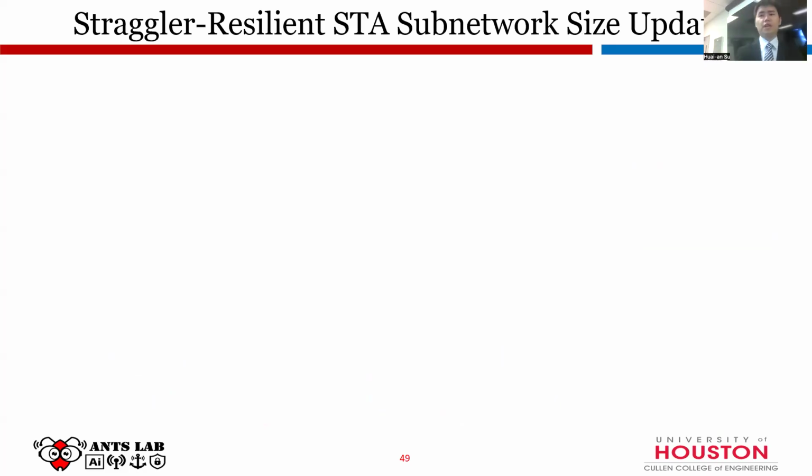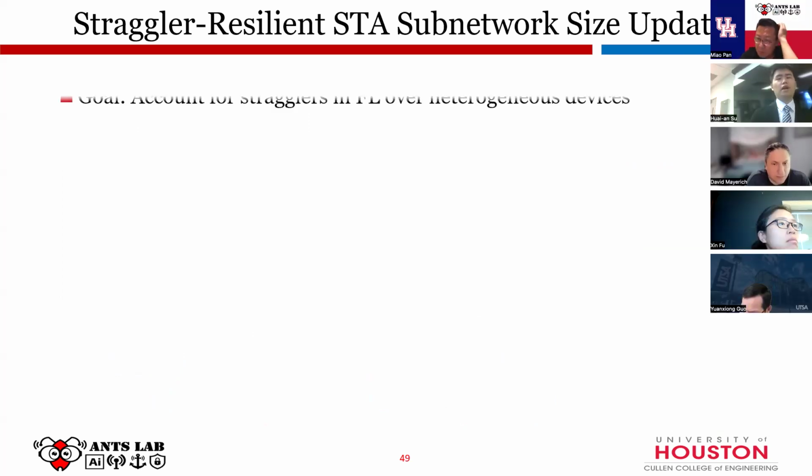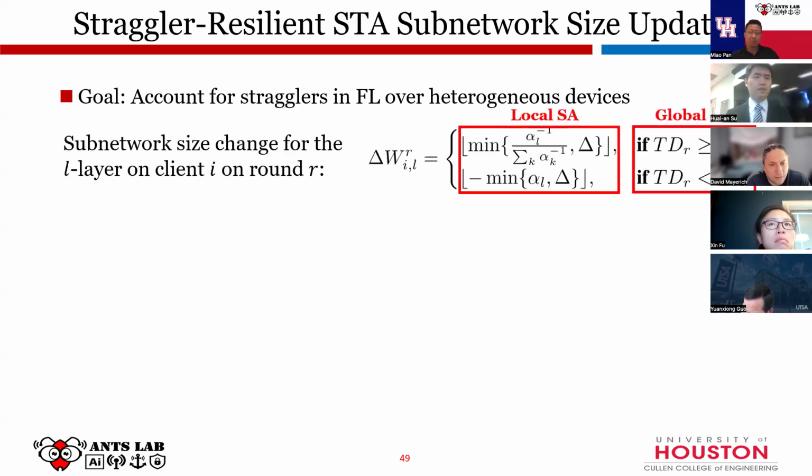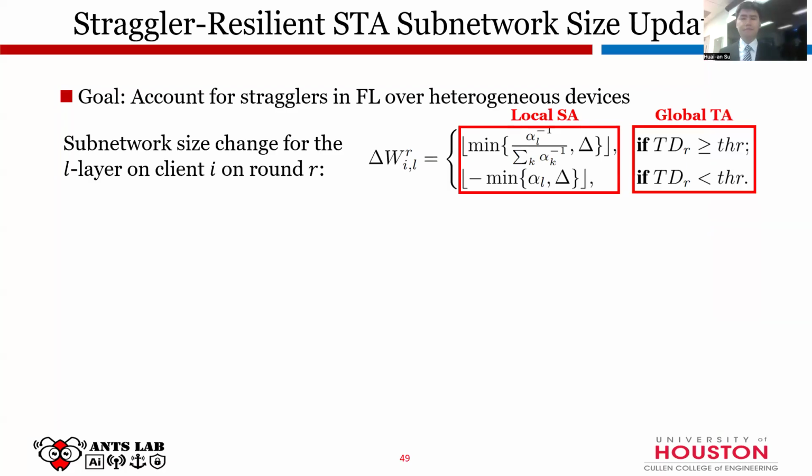And with that, we have the combined result of spatial aware and temporal aware. And now let's actually talk about how we assign those stragglers inside those devices. So the goal here is to account for the stragglers in federated learning over those heterogeneous devices, which is the main goal of my dissertation. So the subnetwork size change for the L layer on the client I on round R, you can see here, this formulation is actually just a recap of the slides before.